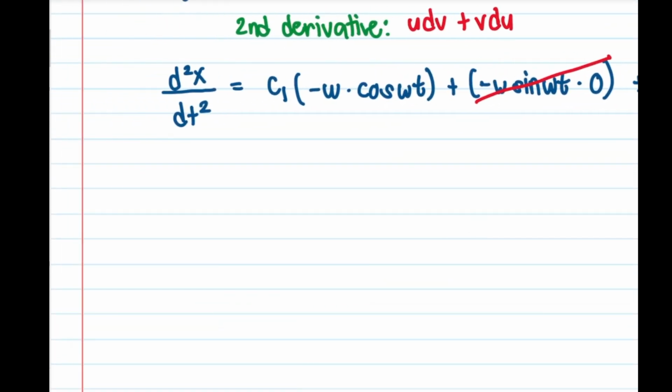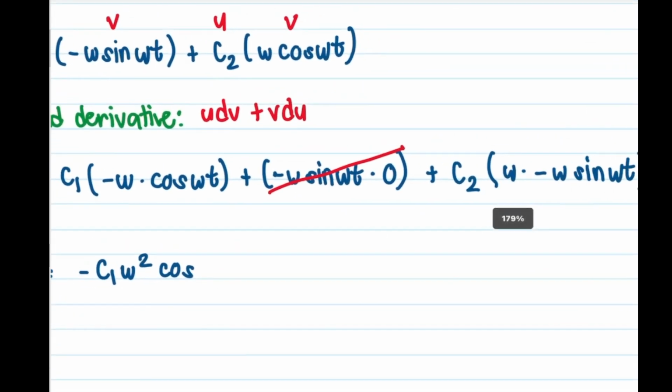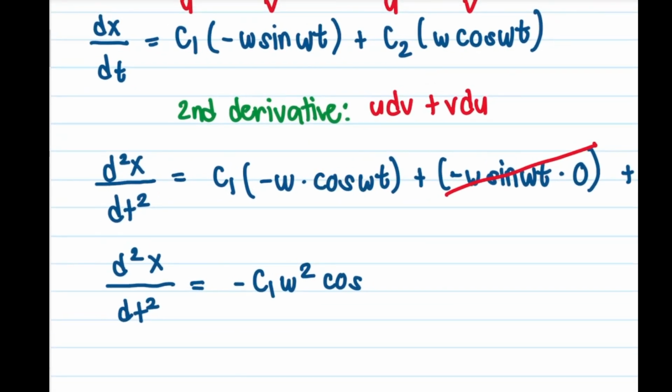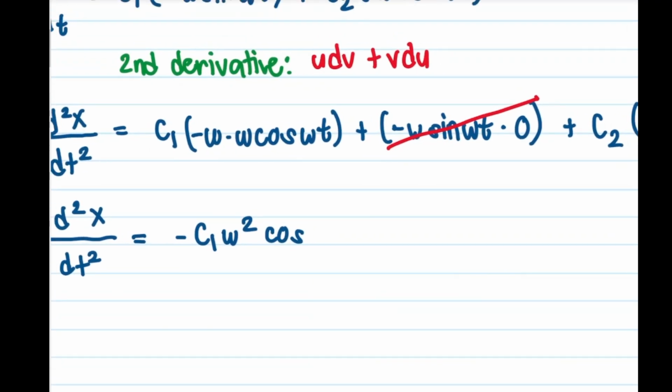So let me rewrite the second derivative. That one will be d squared x over dt squared equal to negative C1 w squared cosine wt. Sorry, I forgot the w. If we take the derivative, it will be negative w multiplied by w cosine wt, so that is w squared cosine wt.